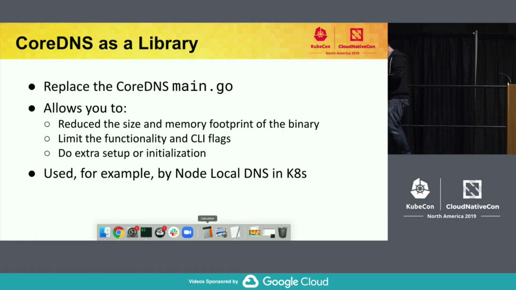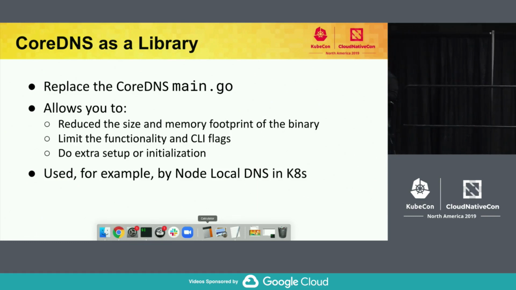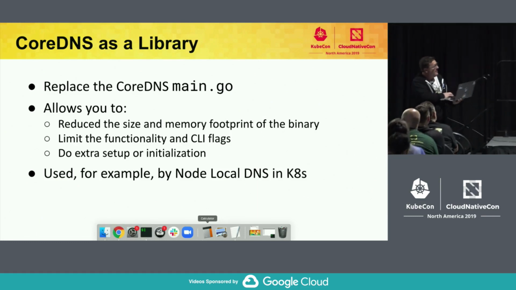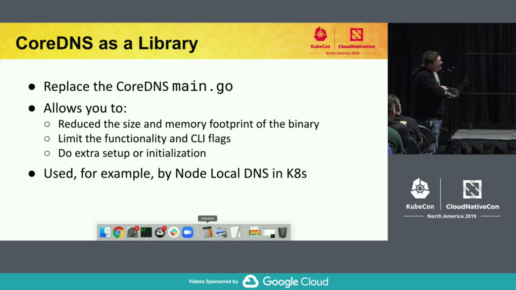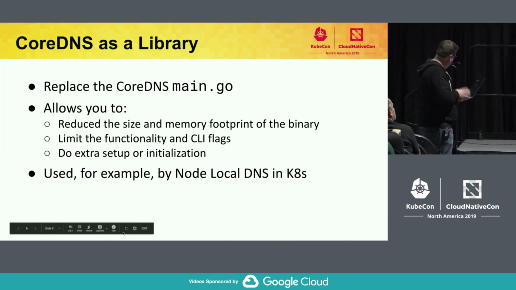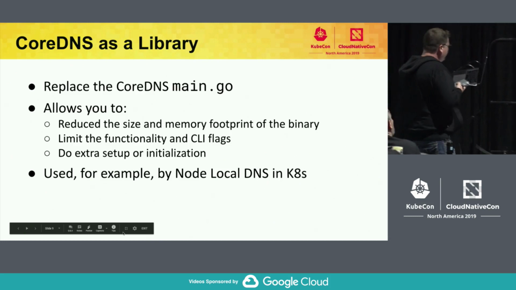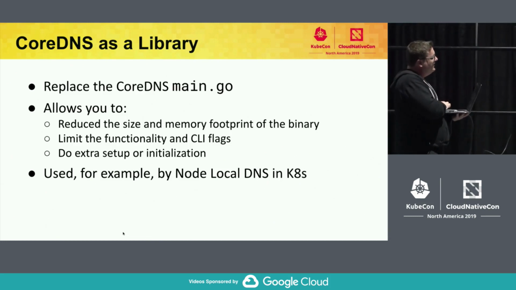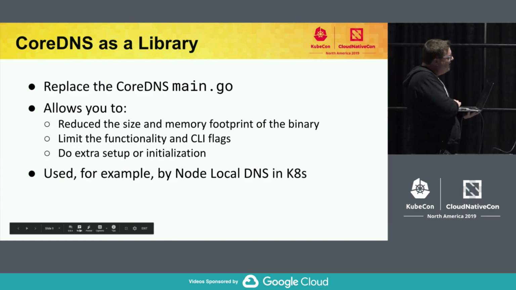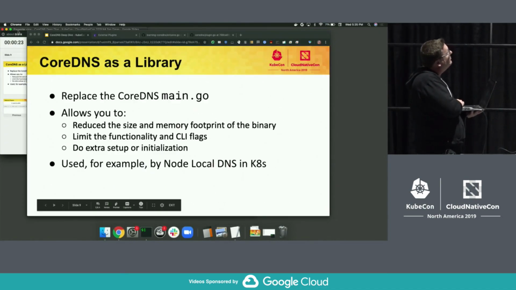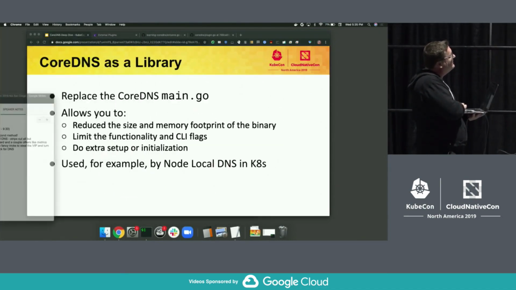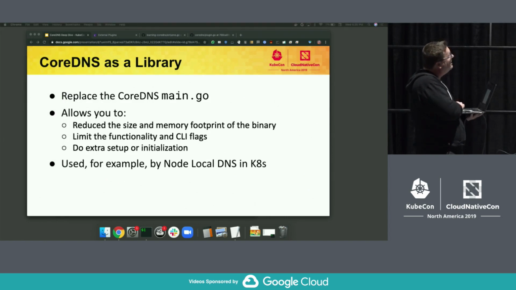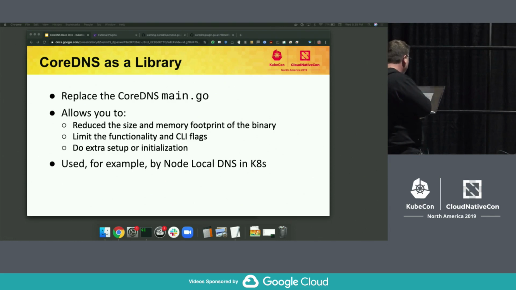The next thing is building that main executable, or replacing the main.go. That's done, for example, if you've heard of the Kubernetes node local DNS service. That's actually based on CoreDNS. It builds a special CoreDNS that includes only a few plugins.